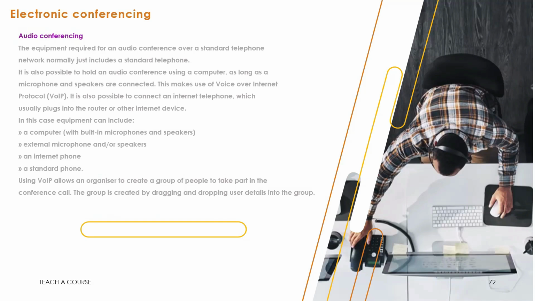It is also possible to connect an internet telephone, which usually plugs into the router or other internet devices. Equipment can include a computer with built-in microphone and speakers, external microphone or speakers, an internet phone, or a standard phone.